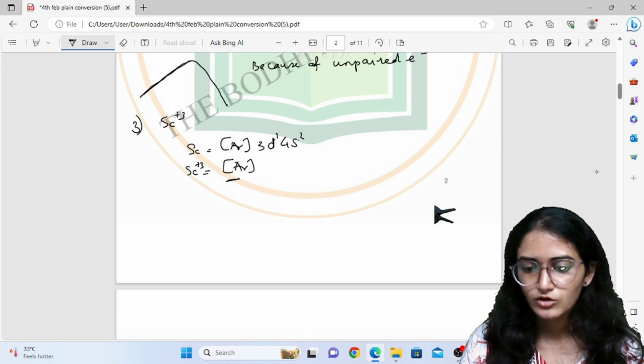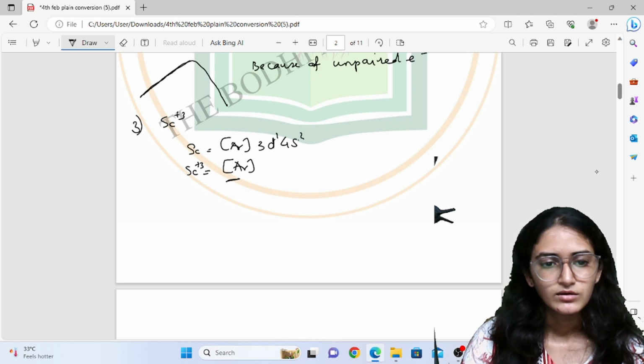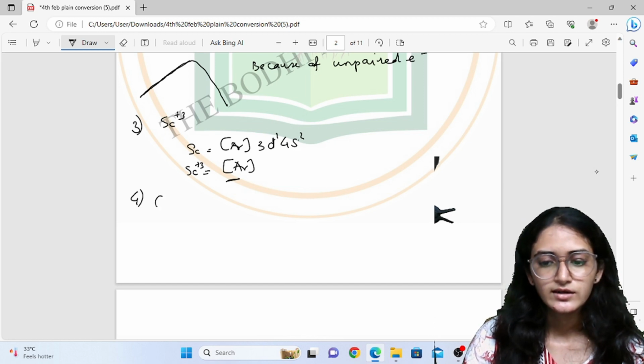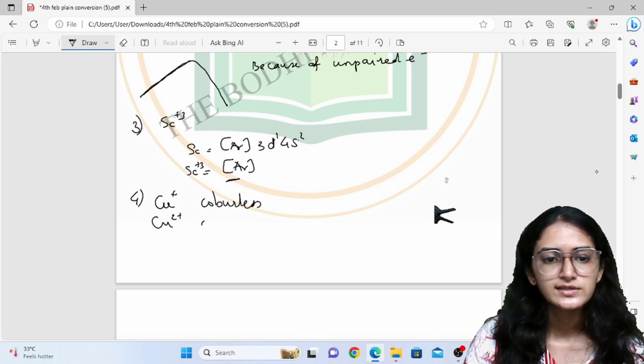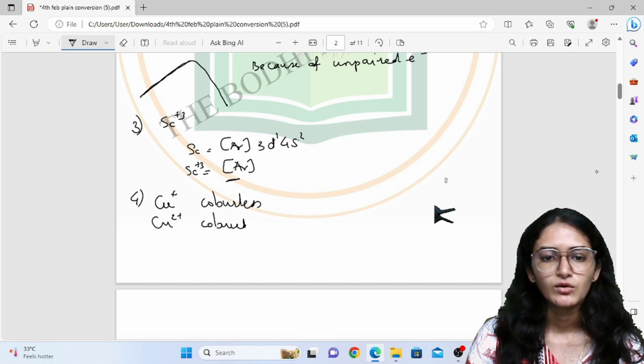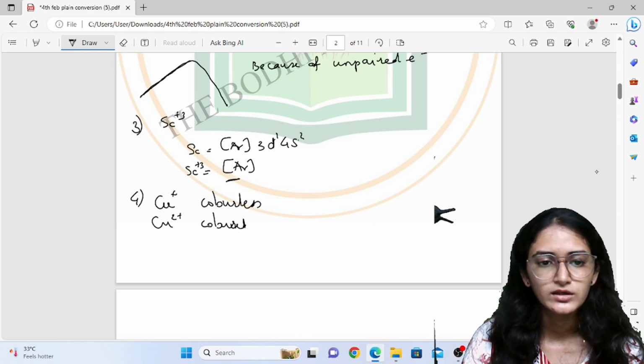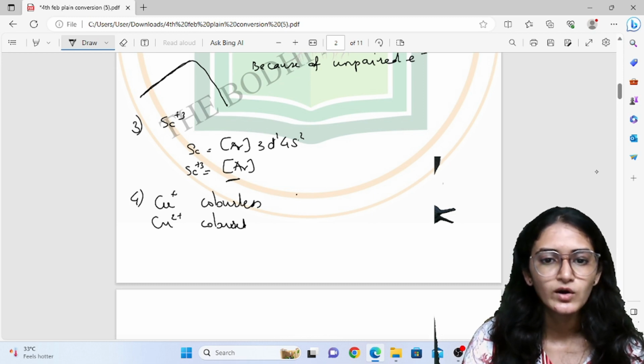Next question, copper plus is colorless while copper 2 plus is colored. Okay, this is also based on color. So copper plus is colorless and copper 2 plus is colored in an aqueous solution. Okay, so why is this so? Let us see the configuration of both the ions.